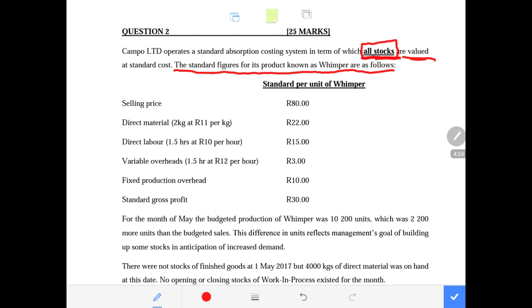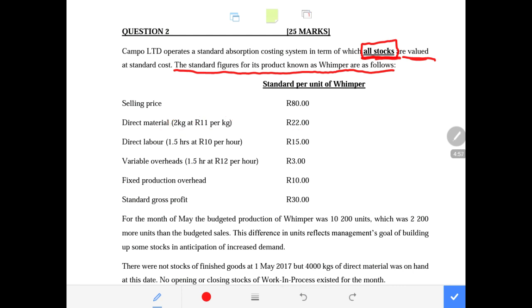Then after, we are given the standard information per unit of WIMPA being our product. We have the selling price, this product being sold at 80 Rand. We have direct material, which is 22 Rand per unit, but it's made of 2 kgs per unit, meaning these are the required standard kgs to complete 1 unit of our product WIMPA. Then the kgs are standard bought at 11 Rand per kg from the supplier.